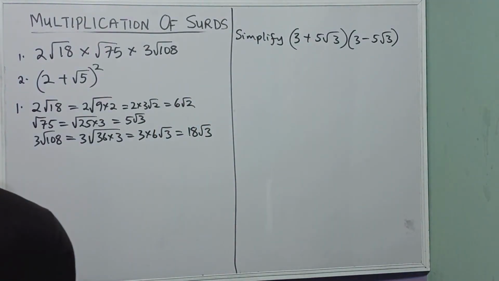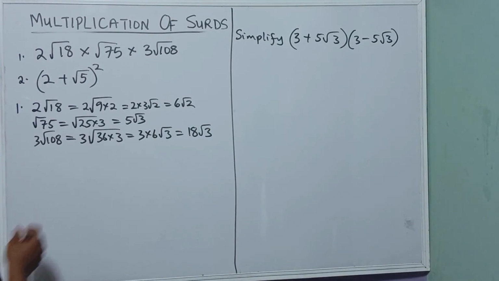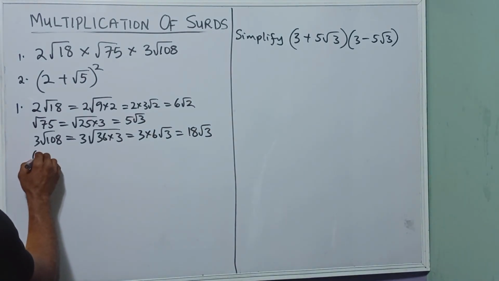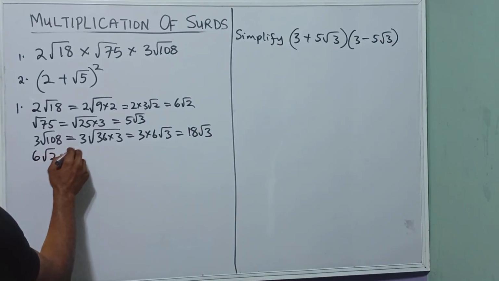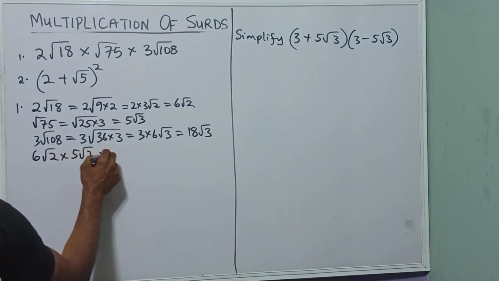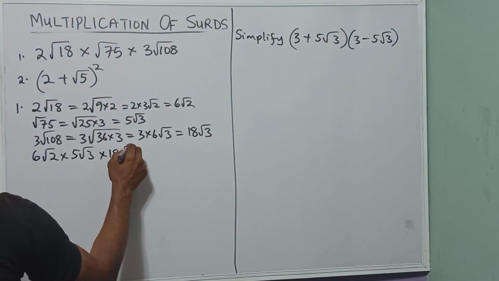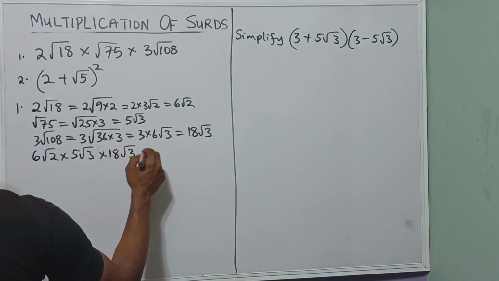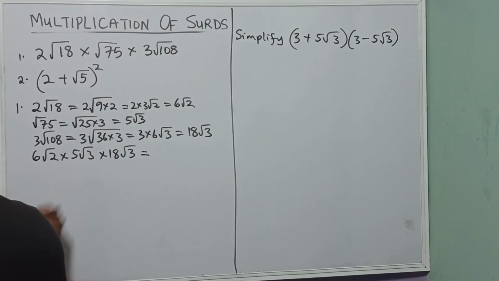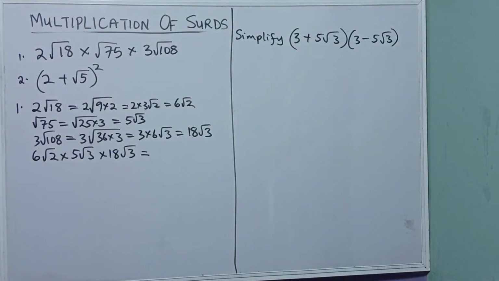Okay, now having it at that, since it's all multiplying, this becomes 6 root 2 times 5 root 3 times 18 root 3, which we are having as 6 times 5, 30. Okay, 30 times 18 gives us 540.